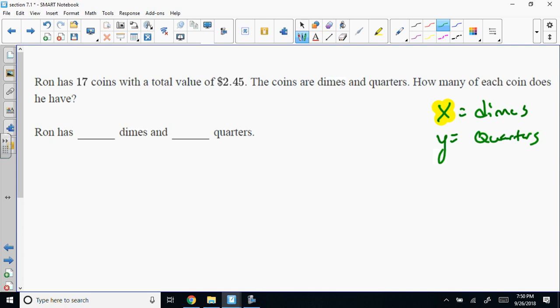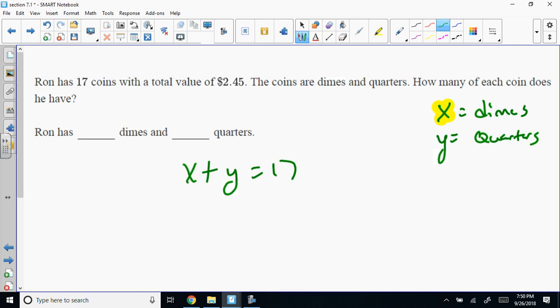Totals and values. Look at the previous problem. They said the sum of the two numbers was 30, right? So that's a total, correct? So how many coins do we have? 17. What are they comprised of? What are they made up of? Look at this. X plus Y equals 17. Any questions about that?